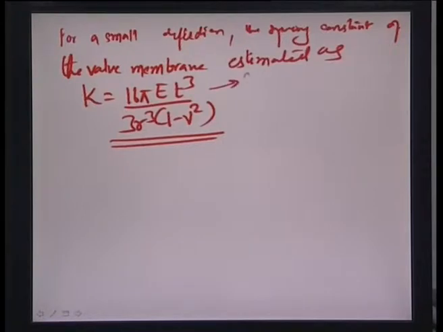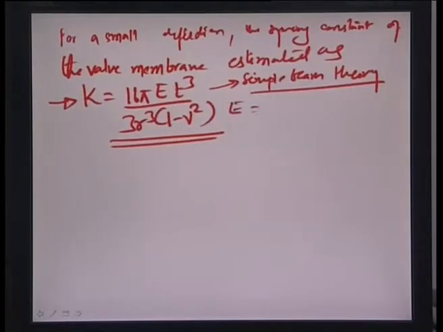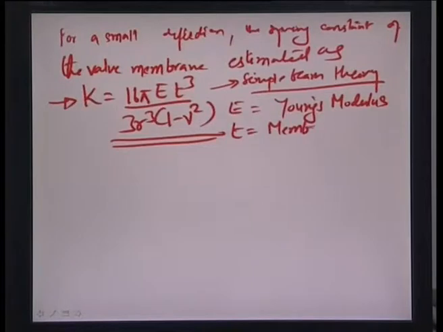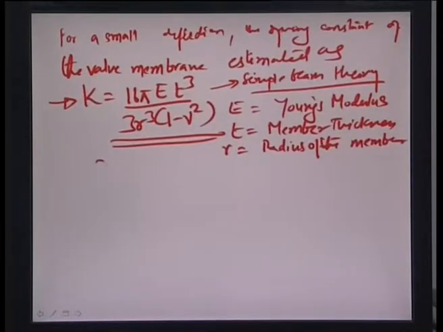This comes from simple beam theory, and any standard mechanics of solids textbook would demonstrate how the spring constant in the case of thin beams can be derived. The parameters are: E is the Young's modulus, t is the membrane thickness, the membrane being the part that deforms in the valve, R is the radius of the membrane, and nu is the Poisson's ratio.